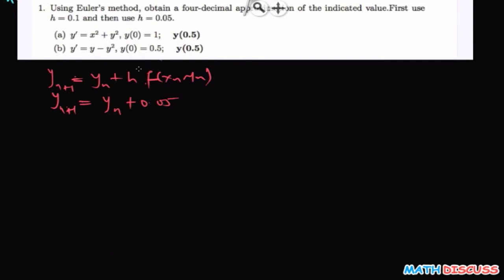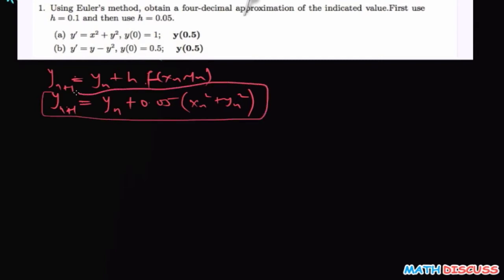So this is our x squared, that's going to be xn squared plus yn squared. So this is going to be the paradigm for finding the approximate y value at x equals 0.5.